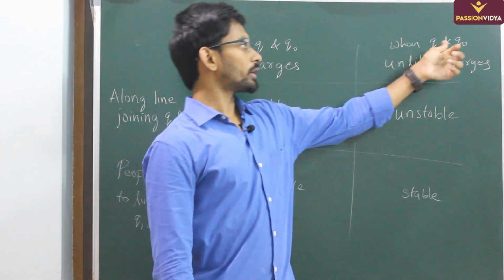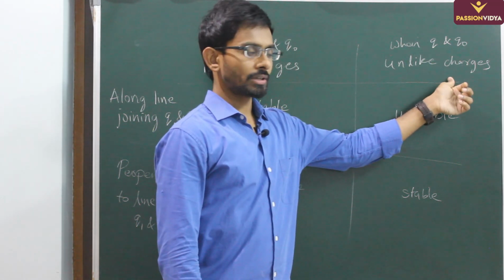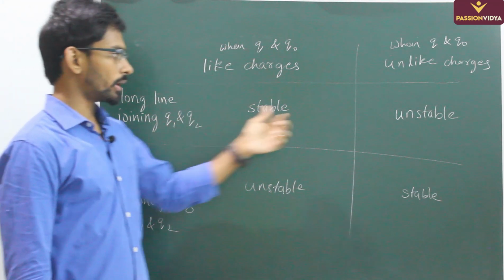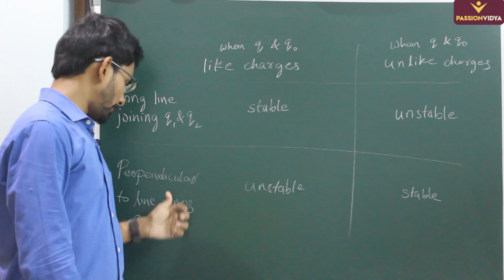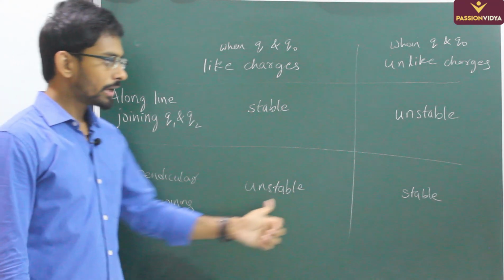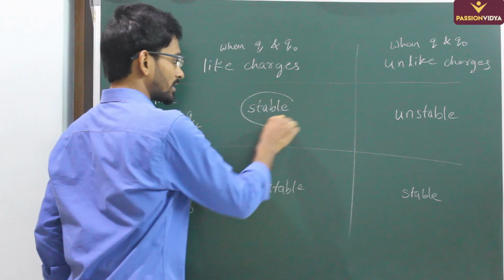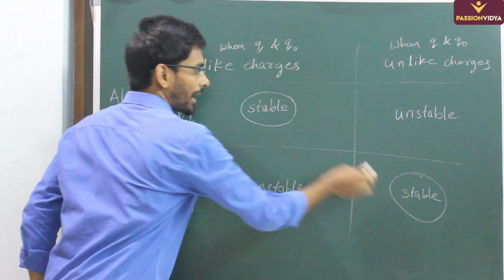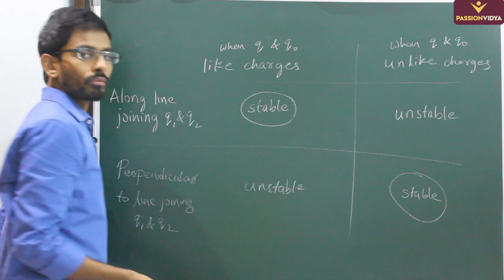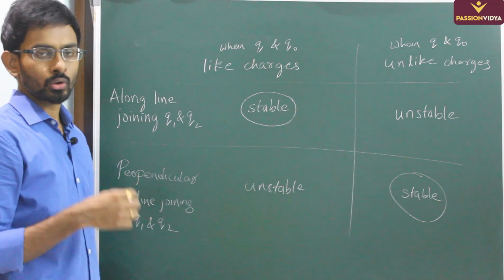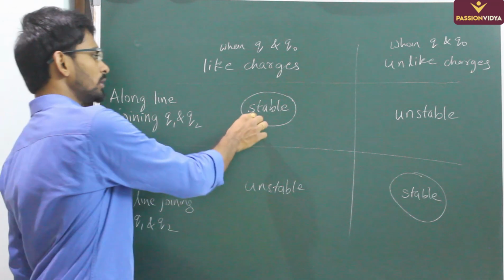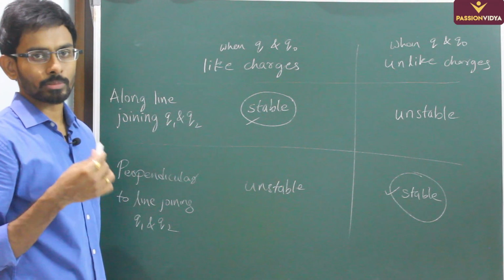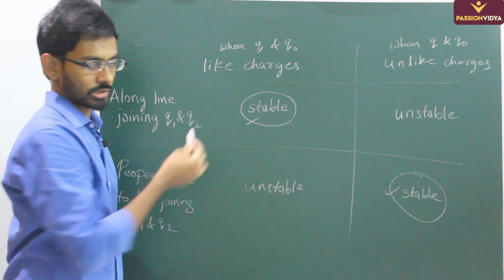Similarly, when q and q naught are unlike charges, along the line joining q1 and q2 it will be unstable equilibrium, and perpendicular to the line joining it will be stable equilibrium. So in these two cases it will be in stable equilibrium, means the particle will oscillate. So we have questions related to simple harmonic motion in these two cases. Let us try to solve the questions related to simple harmonic motion in these two situations.